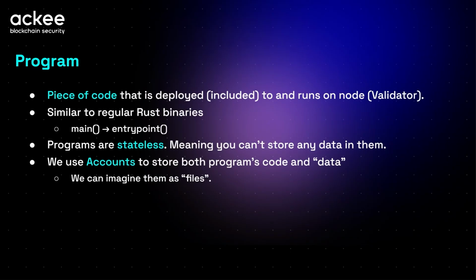Each file has its own unique address and stores data. And if you would like to read some of the data in your program, you need to specify which file you would like to read the data from. But you will see this in the accounts section. So we can continue directly to the accounts section.